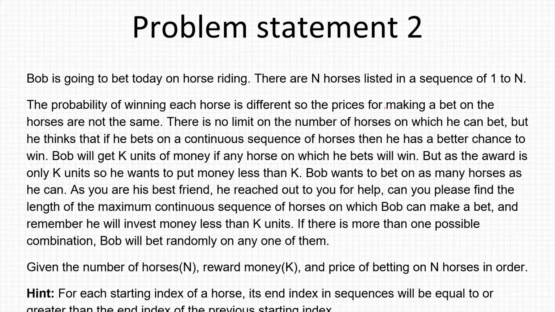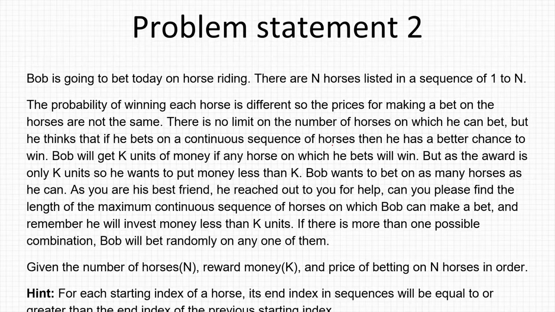So the price for each of the horses is not the same. There is a limit on the number of horses on which he can bet, but till n there is no limit that they've clearly given us. So we can use any number of the sequence.